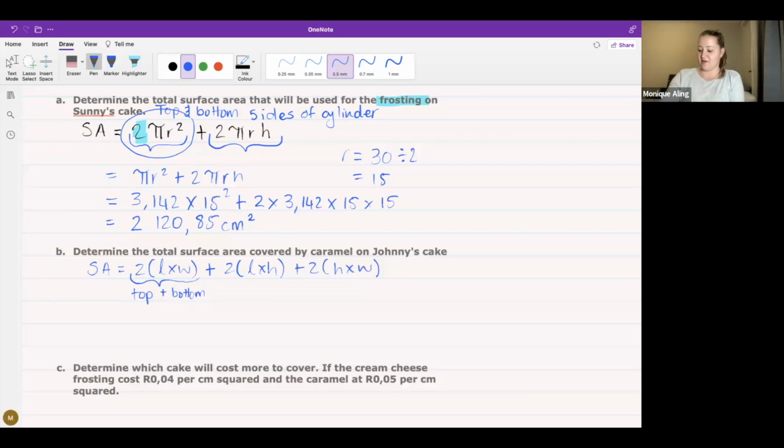Because if we look at it from the top, this is what the cake looks like. That is my length, that is my width. Okay, the middle part is the front and the back of my rectangular prism. And then the last bit of the formula are the two sides.